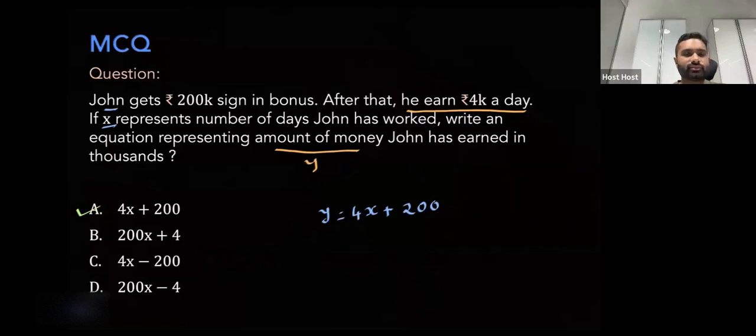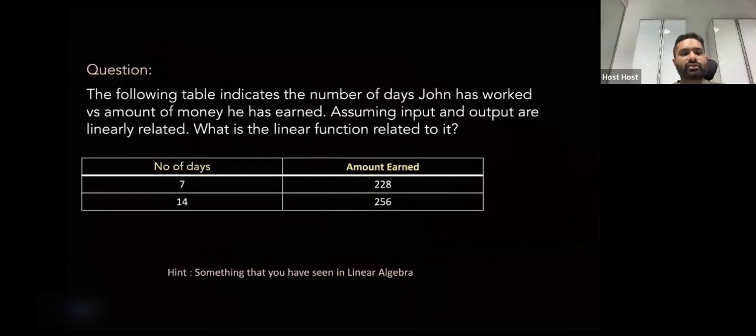But let's say, instead of giving this relationship in the question itself, you are given certain tabular data, and in this data, a similar problem has been formulated. There is a person called John, and he's earning a certain amount of money.